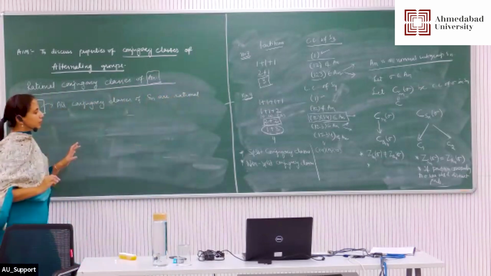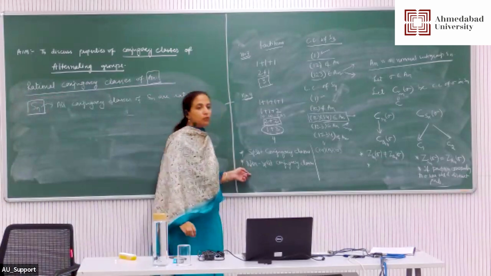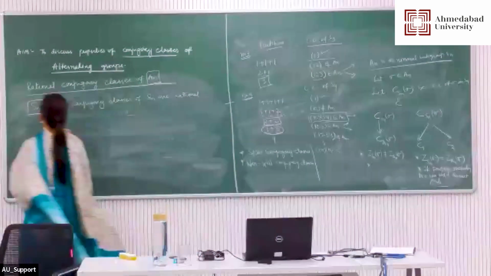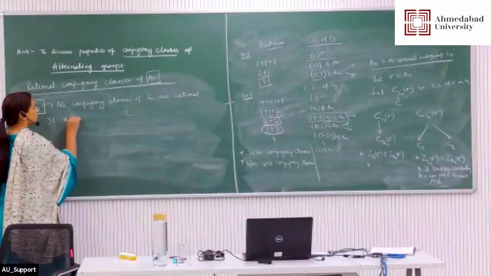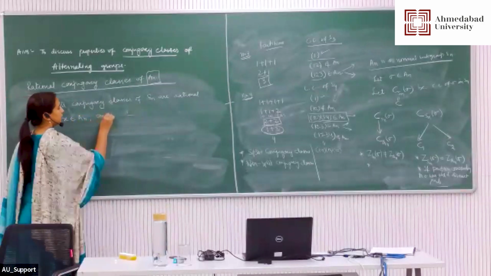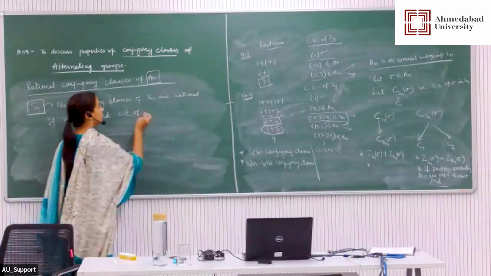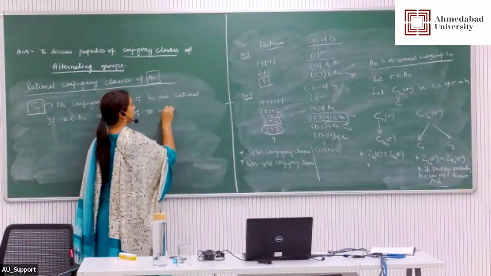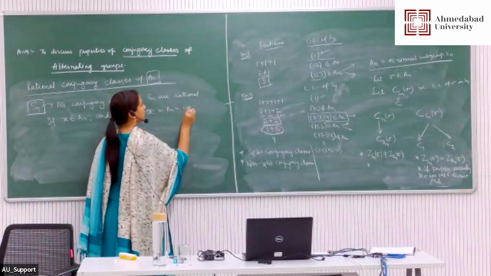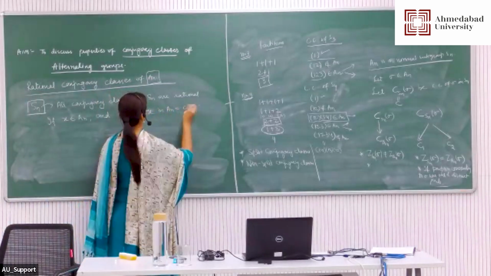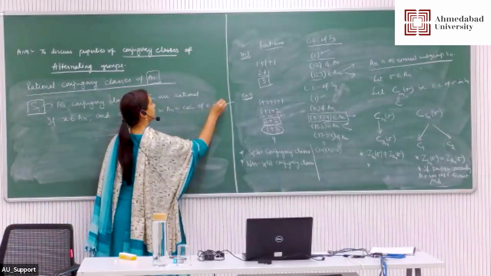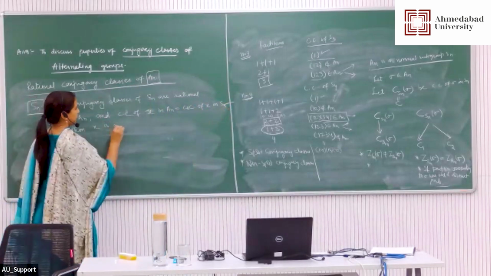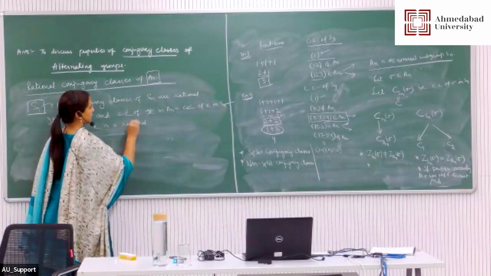This result helps me in saying that non-split conjugacy classes of An are also rational. So if x belongs to An and the conjugacy class of x in An is the same as the conjugacy class of x in Sn, then x is a rational element. So this conjugacy class is a rational class.